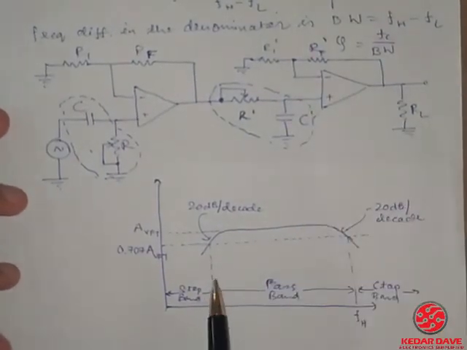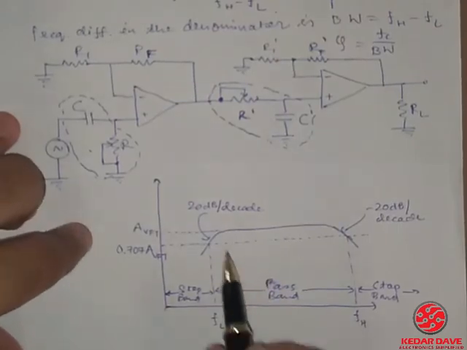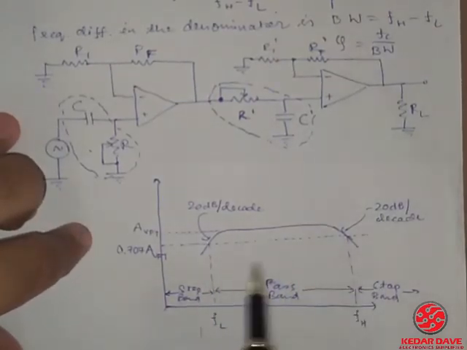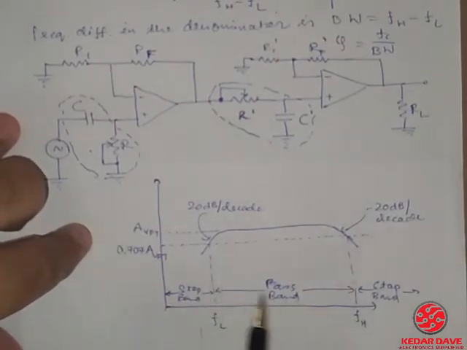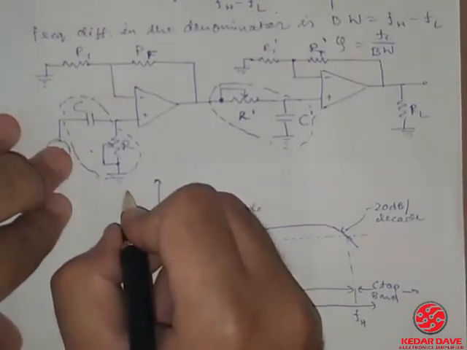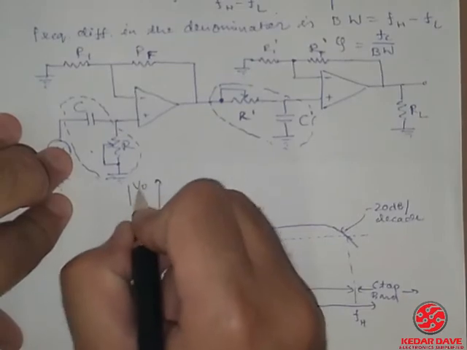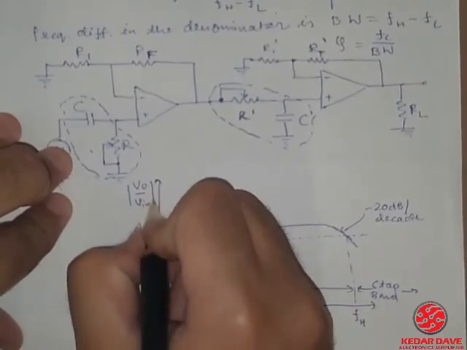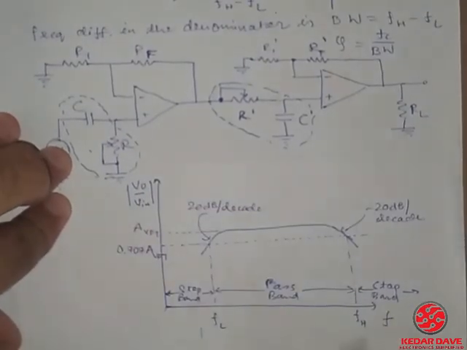In this particular diagram, we have two different frequencies, low pass and high pass, and here is the diagram between the gain, that is Vo divided by Vin, and the frequency.